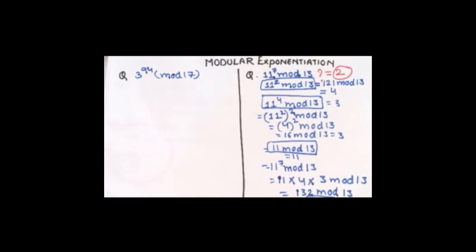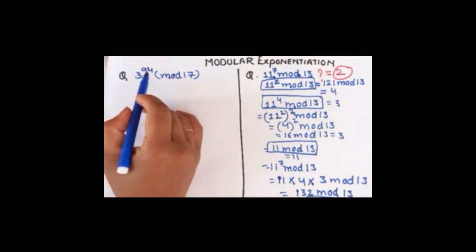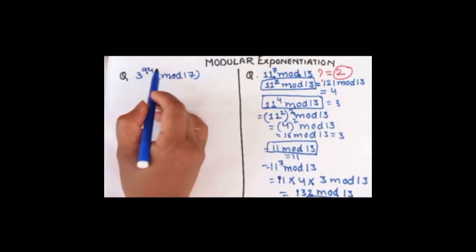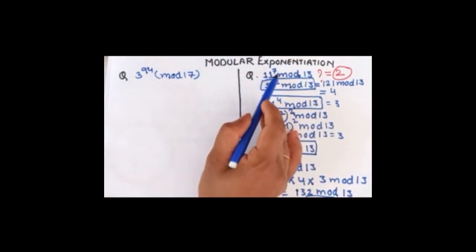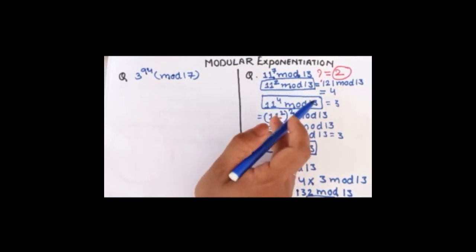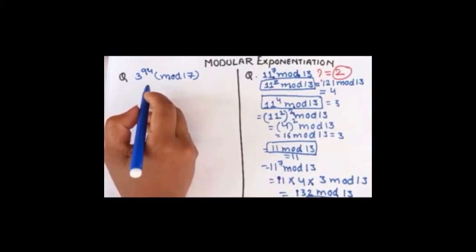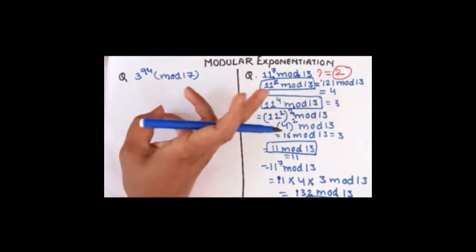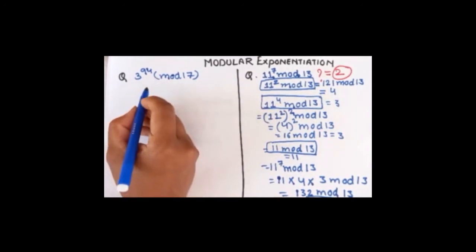Now here the exponent, the term that is there in the power, which is 3 to the power 94. Now 94 is a huge value. As you can see here, this 94 as compared to 7 is a very big value. Now we'll be following the same methodology that we did in this question. What did we do?